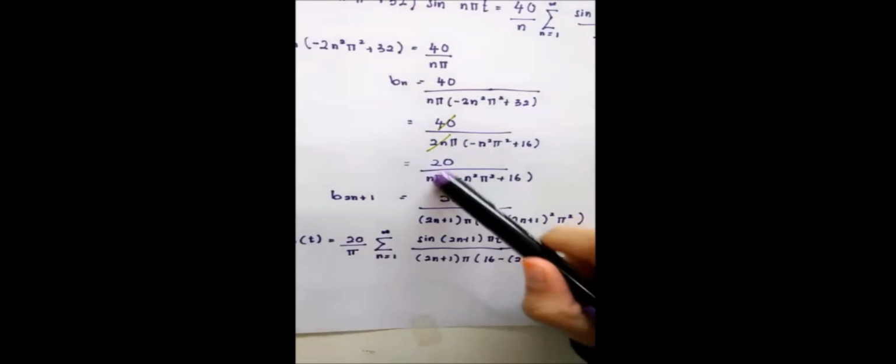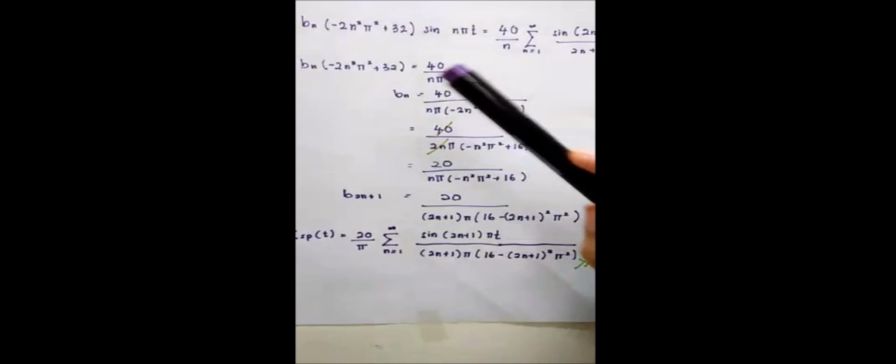After that, we factorize this equation and it becomes like this. Then we simplify and it becomes like this. Because this is an odd equation, we have to replace n with 2n plus 1. All the n will become like this.